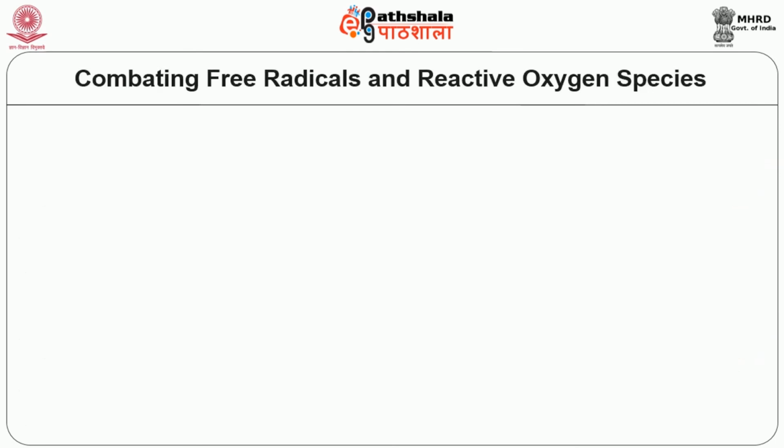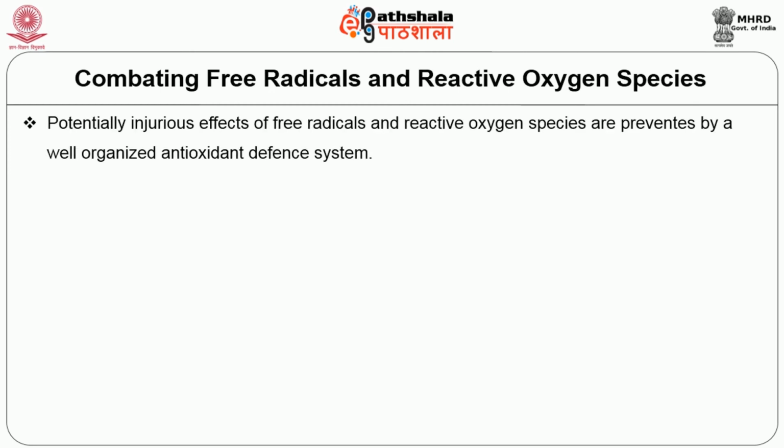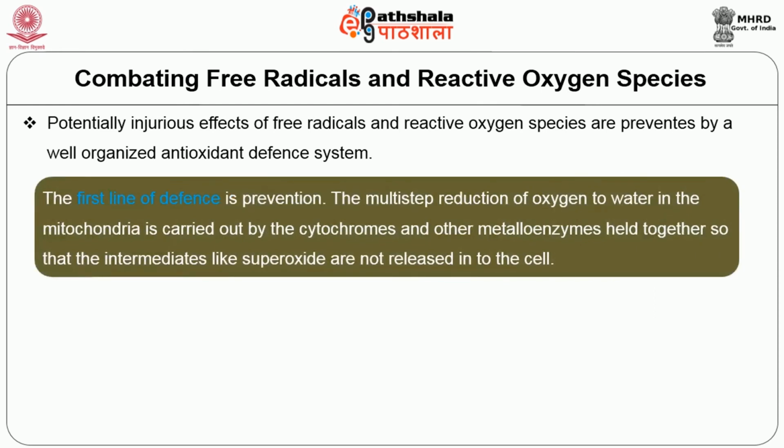Moving on to combating the free radicals and reactive oxygen species. Potentially injurious effects of free radicals and reactive oxygen species are prevented by a well-organized antioxidant defense system. The first line of defense is prevention.